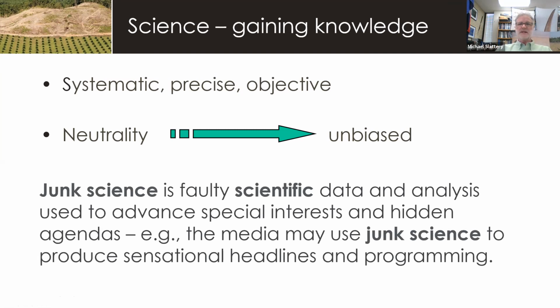There is a whole lot of what we call junk science out there, right? Faulty scientific data, which are undoubtedly used to advance special interests and hidden agendas, no doubt about it. Special interest groups and lobby groups are misappropriating all sorts of really good, solid science, okay?